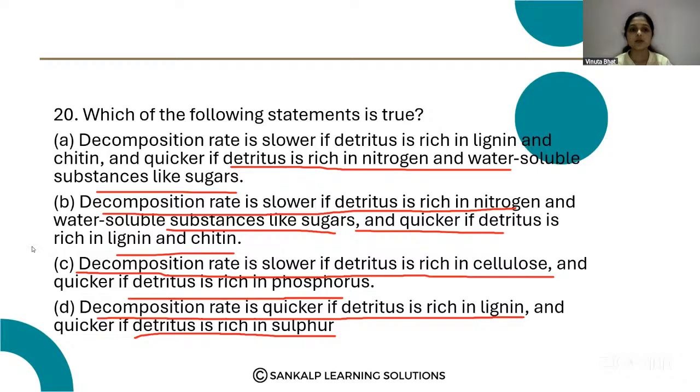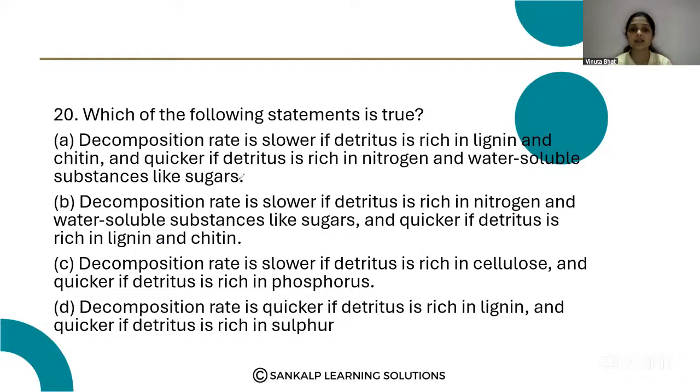So, the decomposition process means the breakdown of the organic matter into simple inorganic substances. So this decomposition rate is slower if the detritus is rich in lignin and chitin. Yes, lignin and chitin are complex materials, so they need more time to break down these complex organic materials.